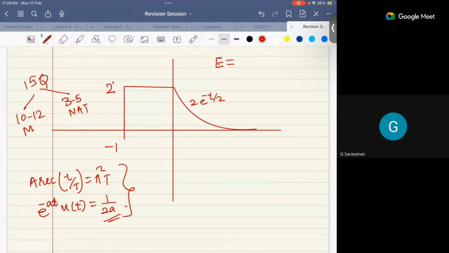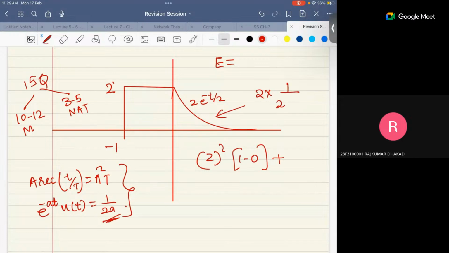What will be the value? See, 2 is square, 1 minus 0 plus. So for this, what will be the energy of this exponential decaying signal? 2 square times 1 upon 2a. What is the value of a here?